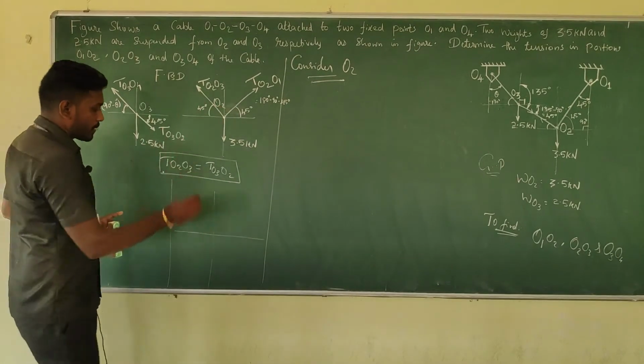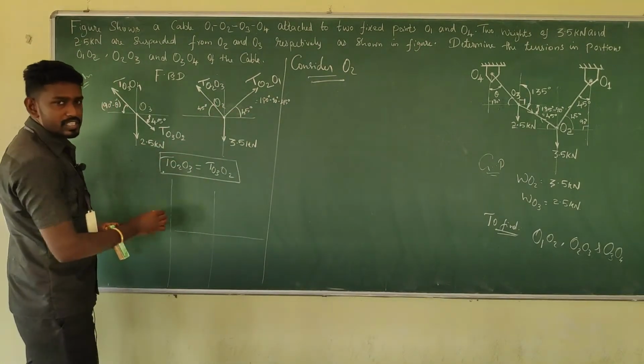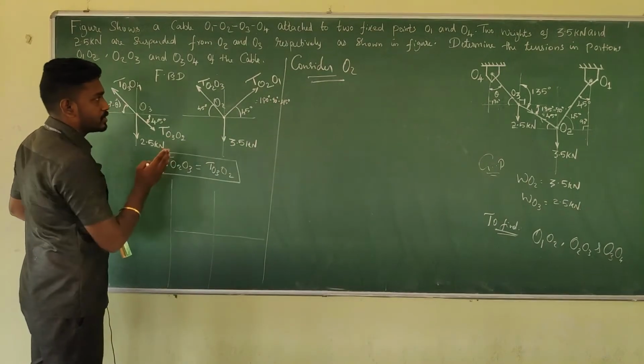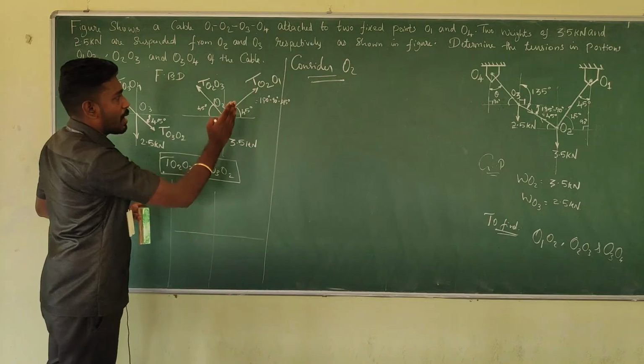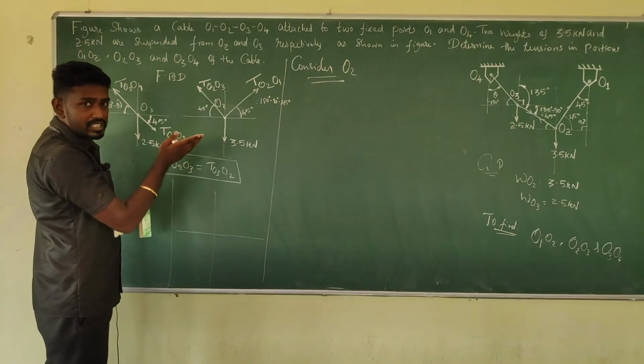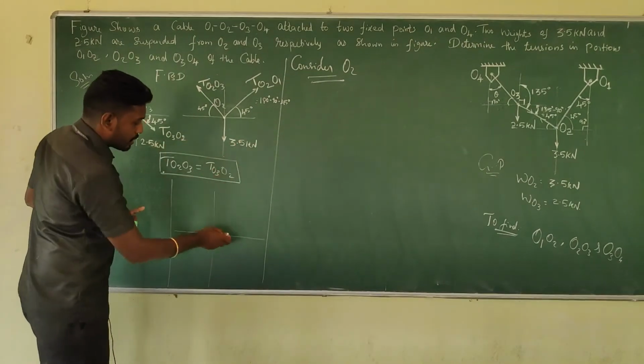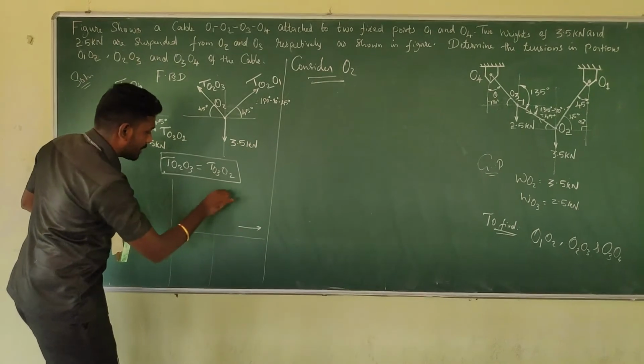Okay, so O2. So here we have inclined force which is with 45 degree inclination and which is directed something like this. We can say here partially vertically upward and just partially horizontally right side. So this is how the force will be.